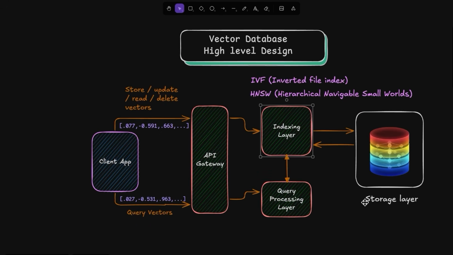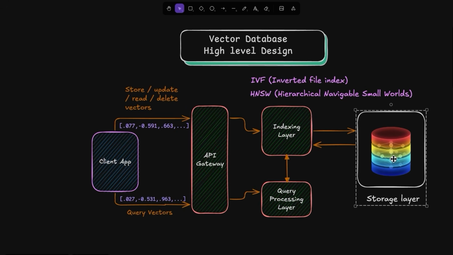Next, we have the storage layer. The storage layer is for storing those high dimensional vectors efficiently. The main feature of any storage layer is fast insertion, fast retrieval, and fast deletion. Those operations should be extremely fast. The storage layer also ensures high durability and high reliability, which it enforces by replication.